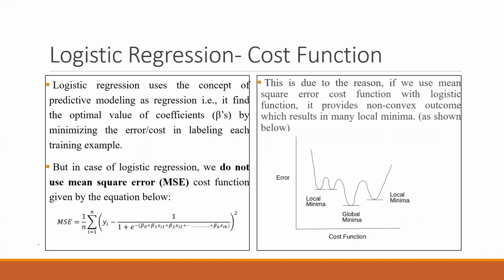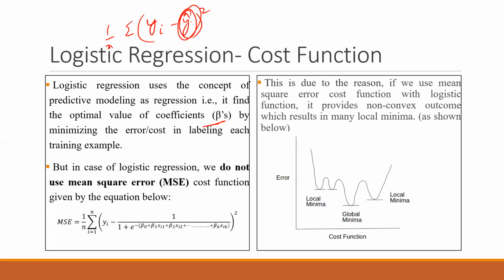Okay, so now the logistic regression cost function. Now we will be discussing the cost function of logistic regression. Logistic regression uses the concept of predictive modeling as regression. That is, it finds the optimal value of the coefficient betas by minimizing the error. Earlier my equation was yi minus y hat, a square function, and I was using the least square error method.